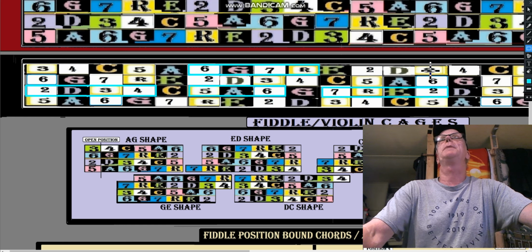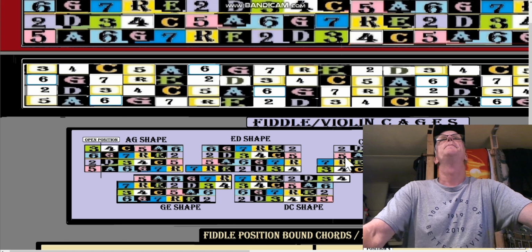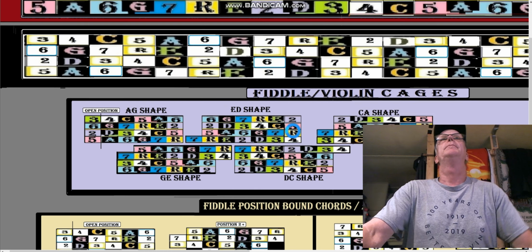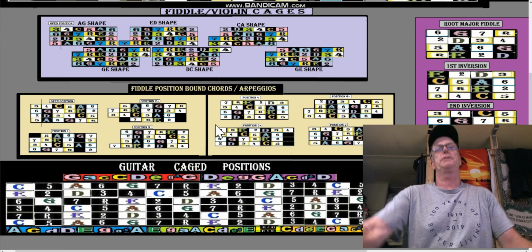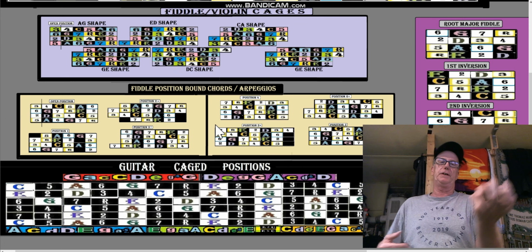These are the string shapes that I made up, and I got them from pentatonic scales and then adding the 4th and the 7th. Okay, so that's what that is. And we're not going to worry about these positions, they're mostly string positions, because people play fiddle.